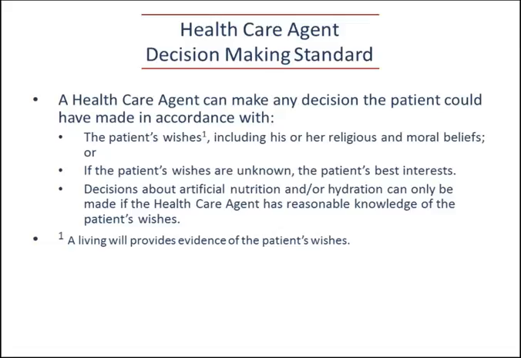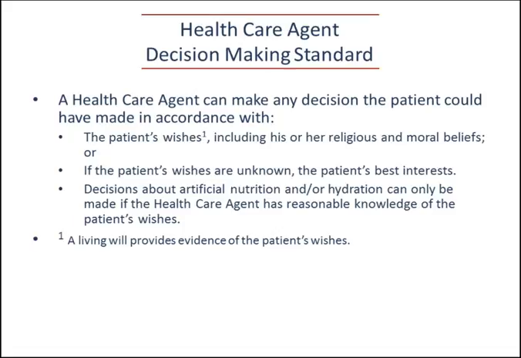The decision-making standard that applies to healthcare agents is, first, consistent with the patient's wishes, including his or her religious and moral beliefs. And as we talked about a moment ago, a living will can provide evidence of the patient's wishes. Or if the patient's wishes are not known, then the agent must make decisions consistent with the patient's best interests.